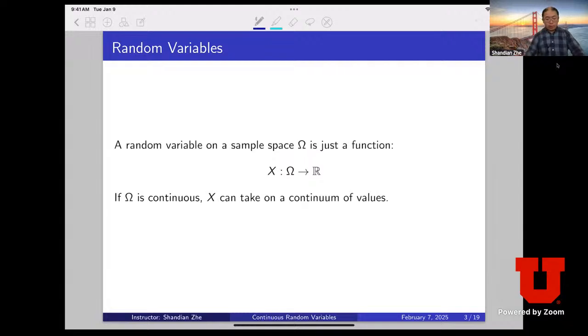Great. So in the last lecture, we introduced continuous random variables, right? You see that actually the discrete random variables are just a few, but there are tons of continuous random variables.